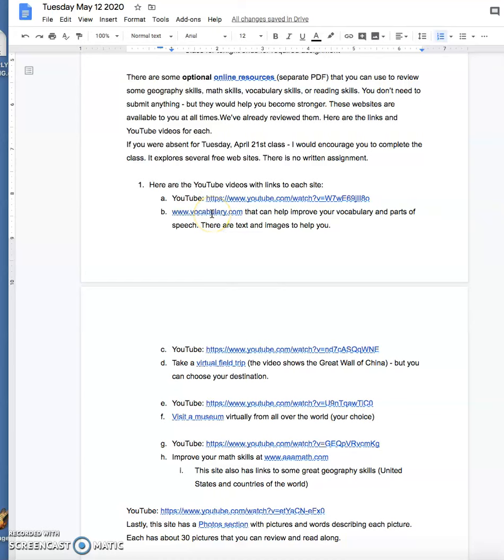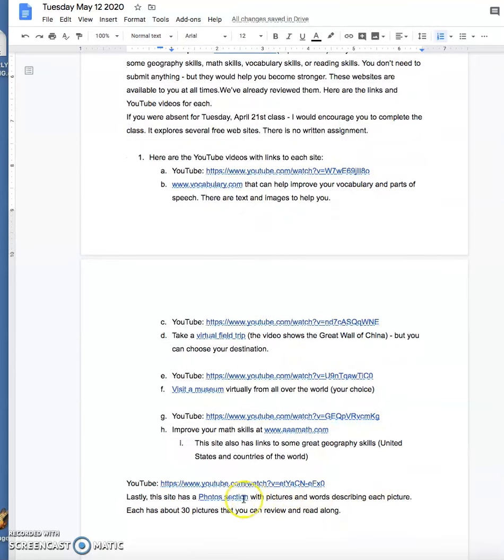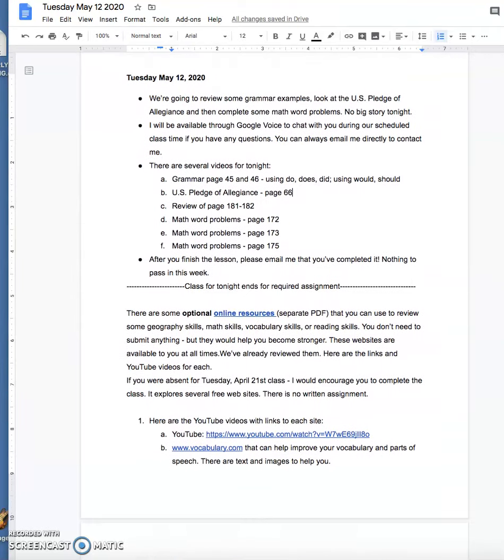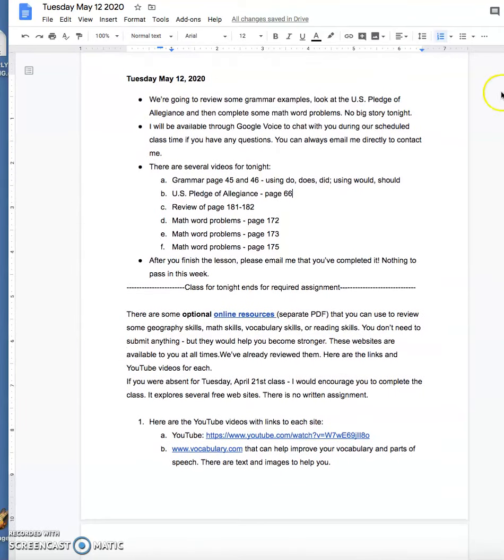So the vocabulary.com, we have the virtual field trips, a museum somewhere around the world, and then we have the math and geography website with aaamath.com. And then we have the section on pictures, the photo section that has pictures with words that correspond to each of the pictures.